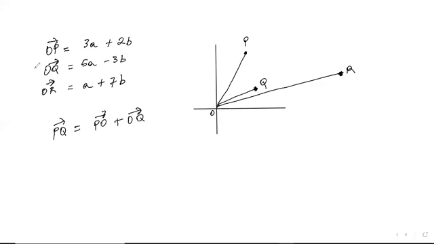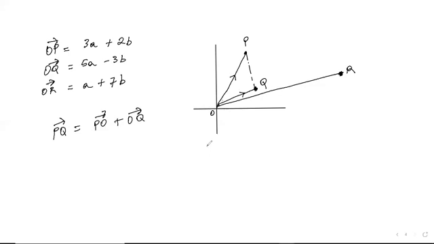They didn't ask for R. They ask for PQ. So PQ is from this distance right here. We know that we cannot take a shortcut using vectors. We are going to have to take the long road, which is PO and OQ.